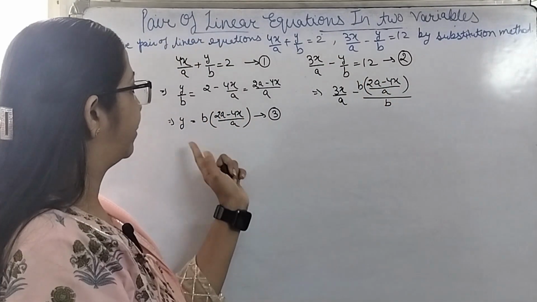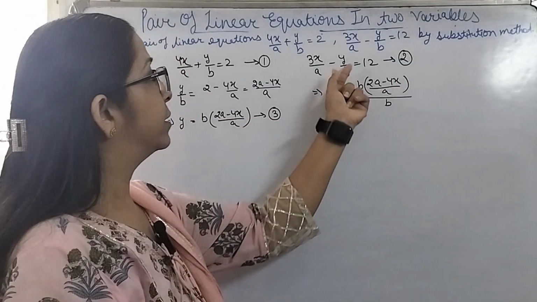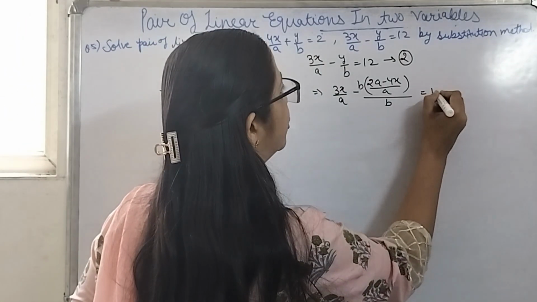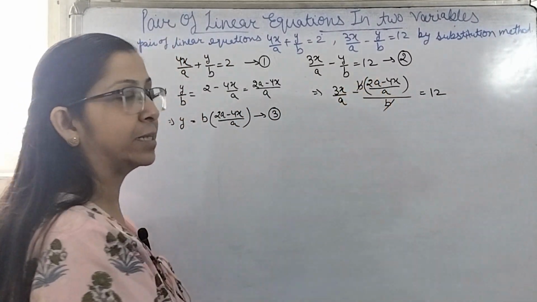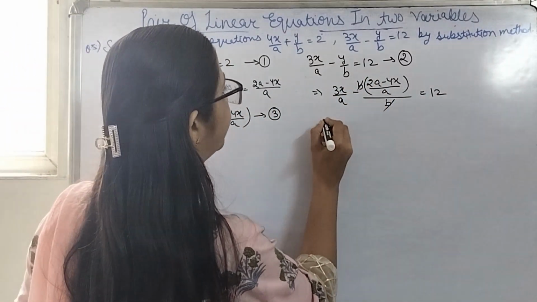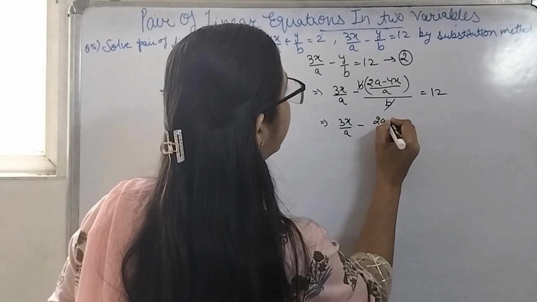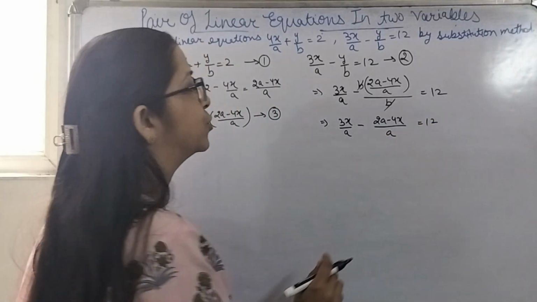The value of y we have kept as b multiplied by (2a minus 4x) upon a. This is the value of y divided by b. It is equivalent to 12. Now we can see that b and b can both be cancelled, and this will become 3x upon a minus (2a minus 4x) upon a, equivalent to 12.